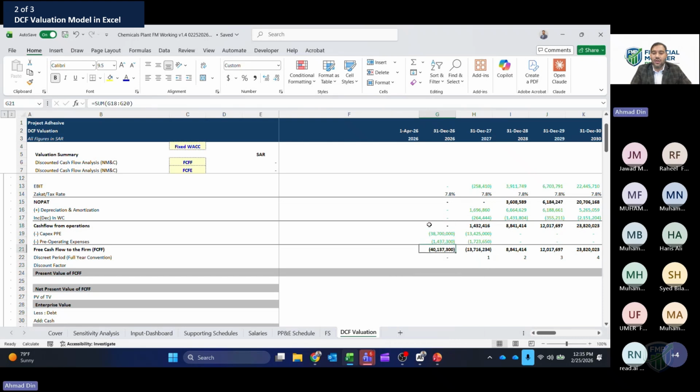Then discount factor. We are in the FCFF, so which discount rate will we apply? WACC. Okay. So to apply the WACC, what will be our formula? Can anyone let me know the formula for the WACC? We already have a WACC, so the question is how to calculate the discount factor using the WACC.